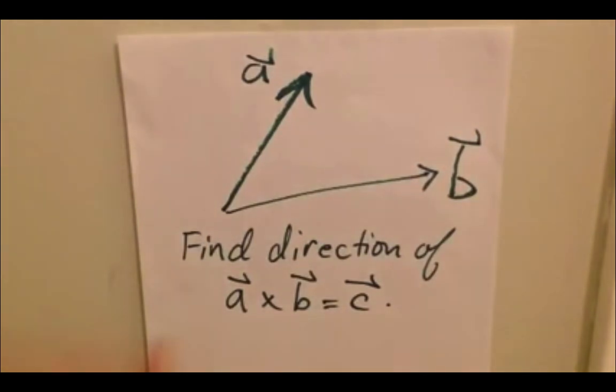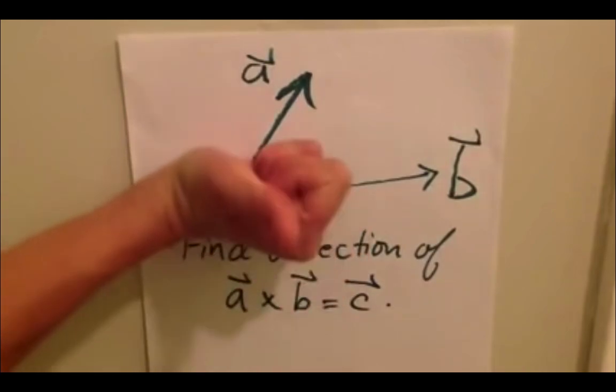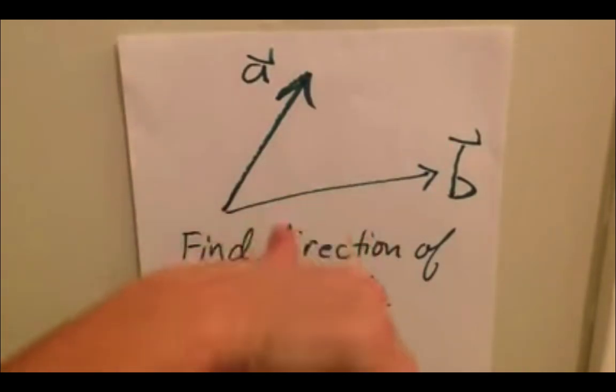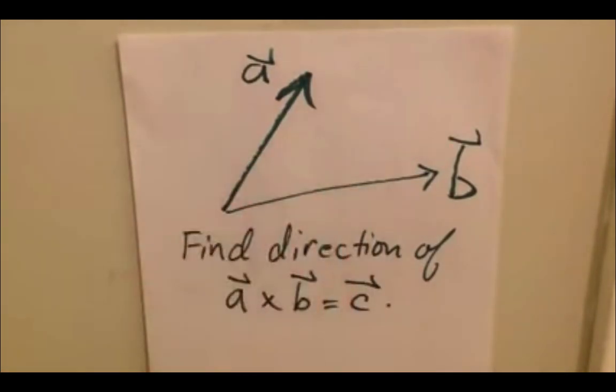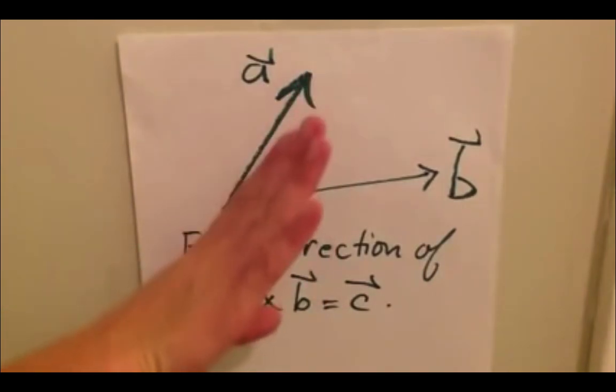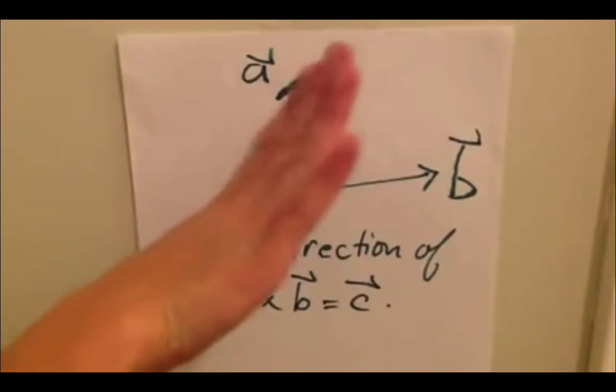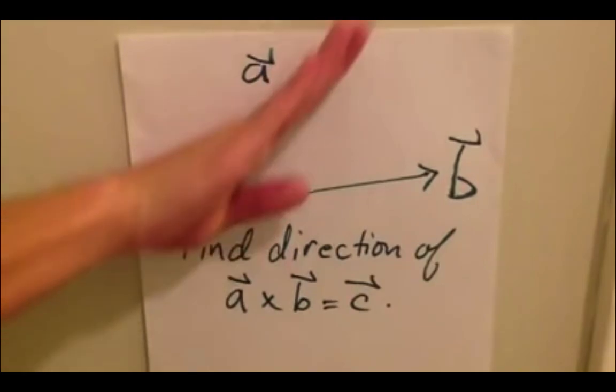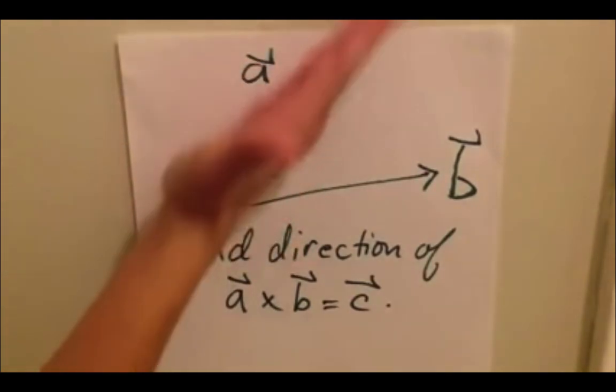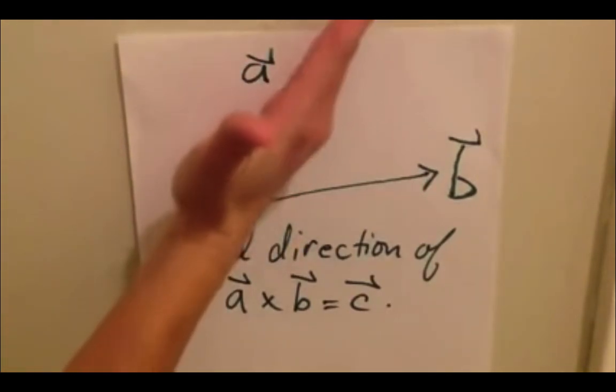C either must point straight out of the page, or it must point straight into the page. To figure out which one of those two directions it is, we're going to have to put our fingers along A. There are two ways to do that. You could either put your fingers along A this way, or you could put your fingers along A this way.